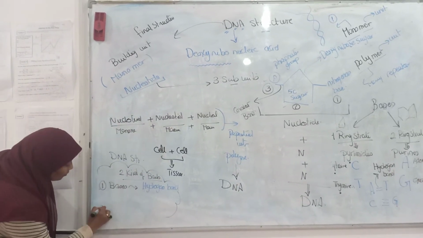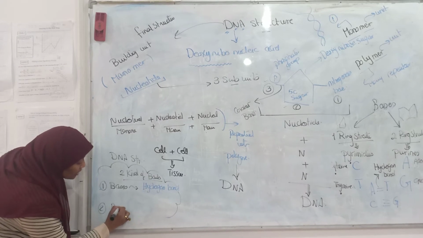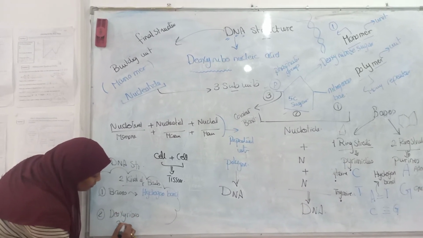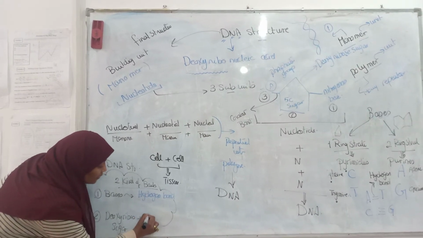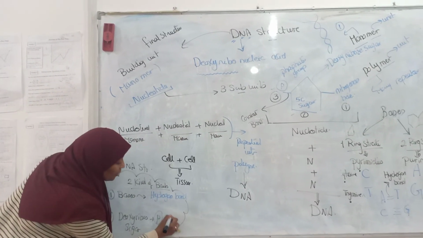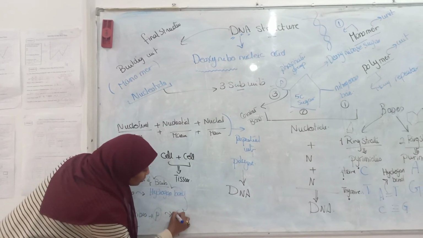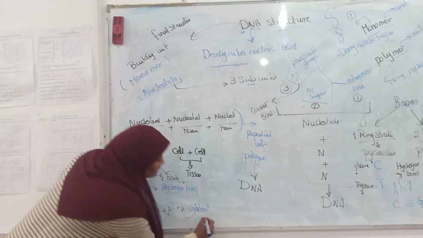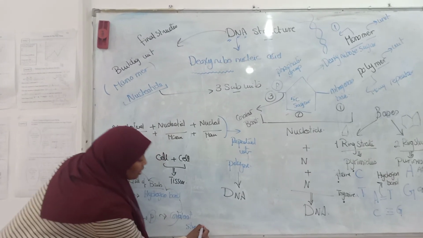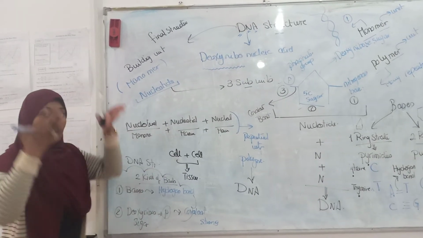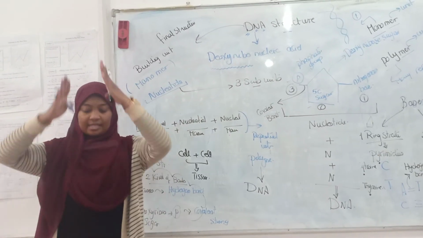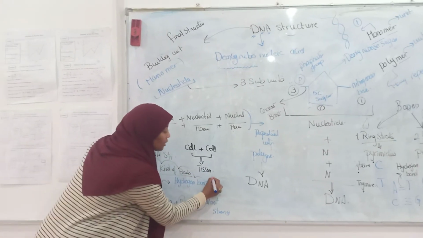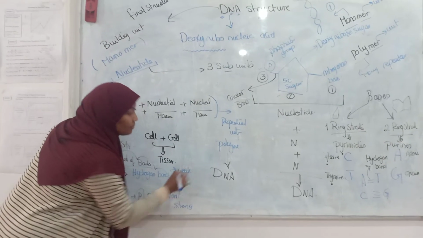Number two, between deoxyribose sugar and the phosphate group. And this kind of bond is called covalent bond. Covalent bond is a very strong bond. Strong bond is unbreakable. You have a sugar phosphate backbone and it's a backbone. But what about hydrogen bond? It's breakable, it's a weak bond.